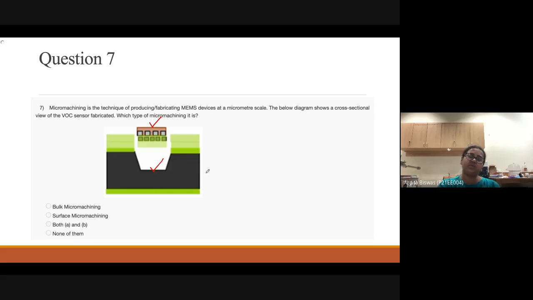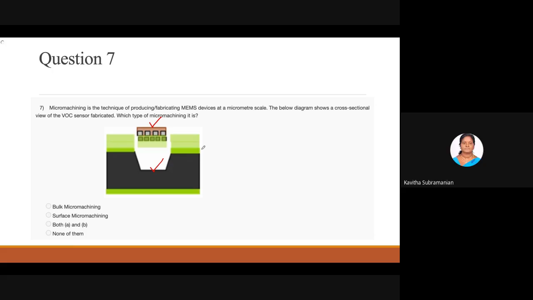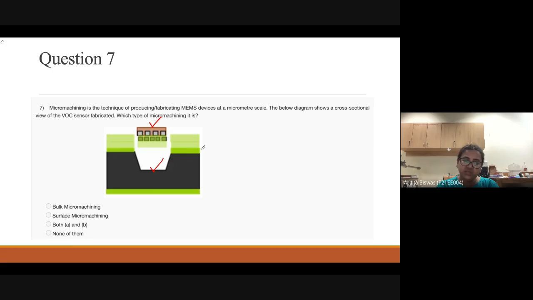Can you explain which type of mask we can use here? What is the need of the mask? If there is any use of photoresist, positive photoresist. Then only that particular pattern will be transferred into the silicon substrate. Here, can you use the negative photoresist?